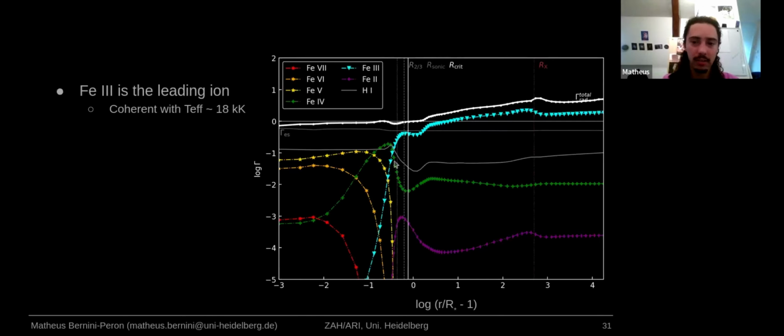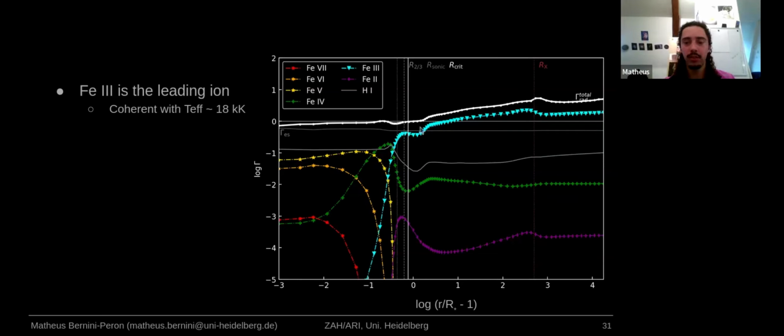And not surprisingly, we already sort of expected that the wind of this object is ubiquitously, to a large extent, led by iron 3, which is also observed in B supergiants as well.